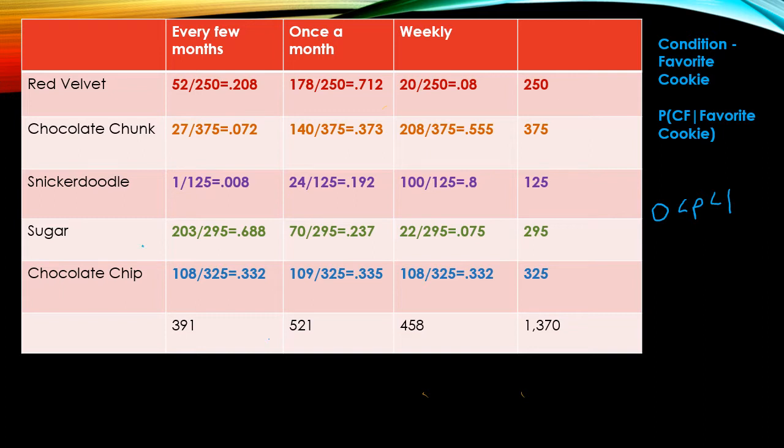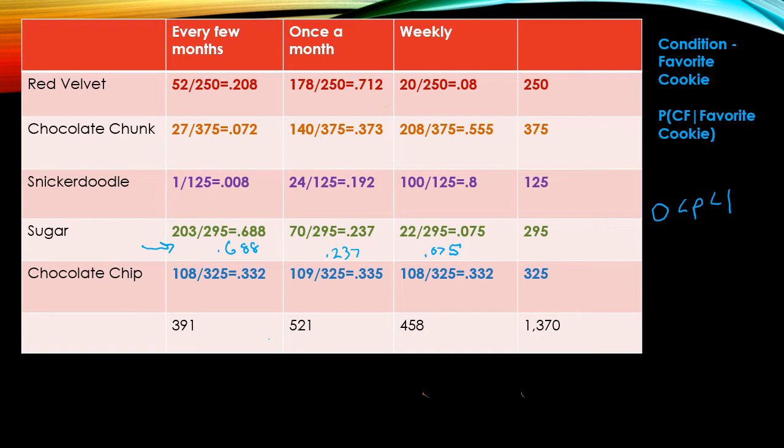Let's look at sugar cookies for a second. Given that the customer said that sugar cookies were their favorite, what's the probability that they came in every few months? That's 0.688. That's pretty good. Once a month, 0.237, and weekly, 0.075. Those are the probabilities.